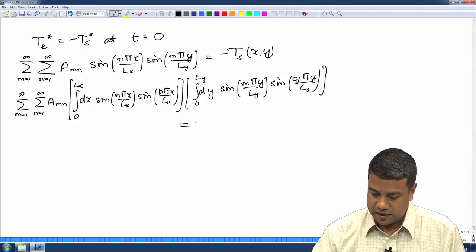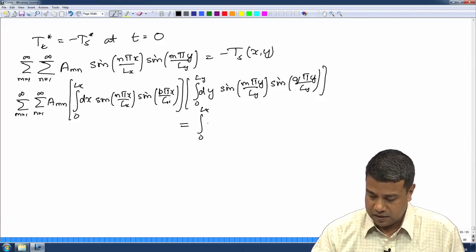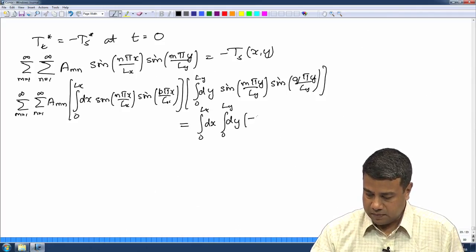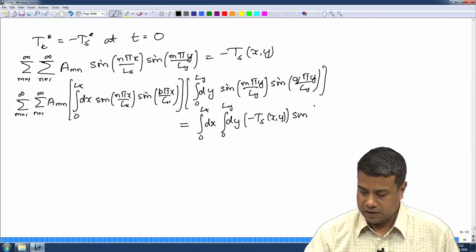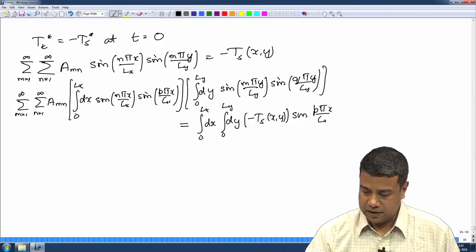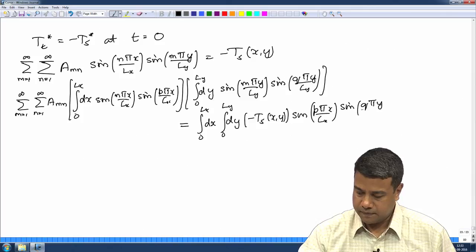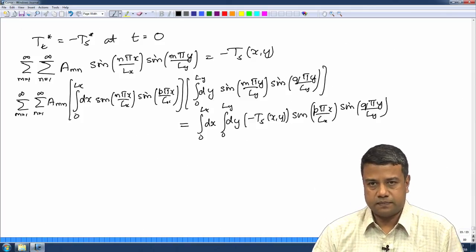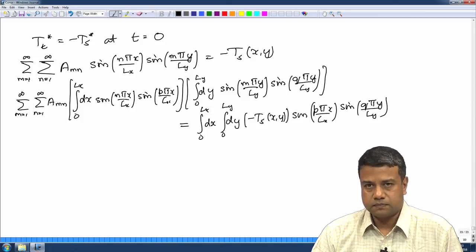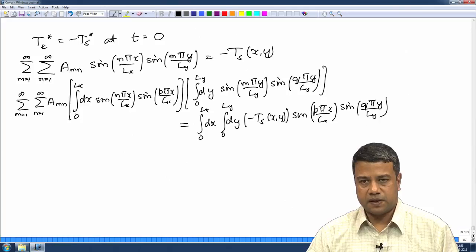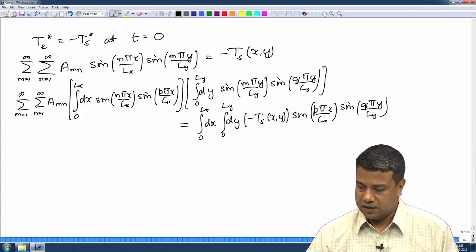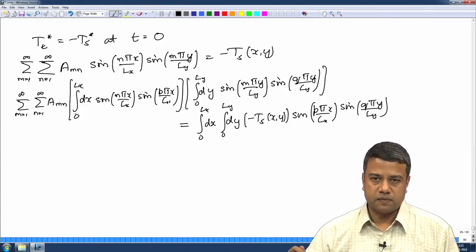On the right hand side, I will have integral 0 to Lx dx, integral 0 to Ly dy, minus the steady solution of x and y, times sine p pi x by Lx sine q pi y by Ly. So, I just multiplied both sides by sine p pi x by Lx integrated from 0 to Lx, and sine q pi y by Ly integrated from 0 to Ly.